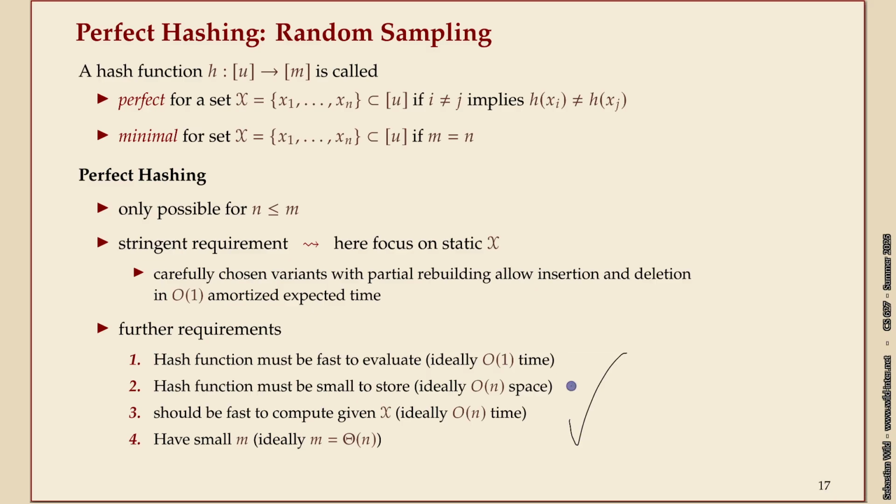So these are easy to store as well. And we can construct a perfect hash function using a linear number of overall space in linear time. So all of the requirements are fulfilled. And all that we needed is some clever random sampling and the two-level scheme.